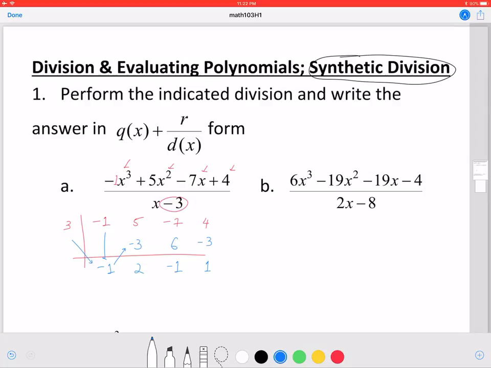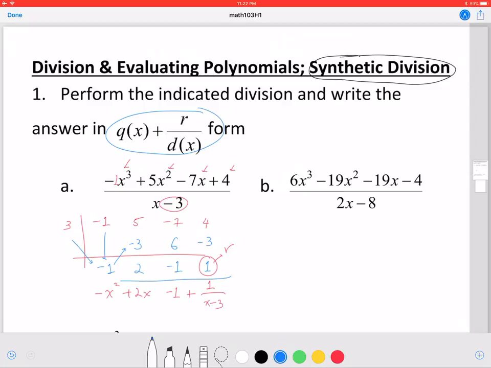The very bottom row, -1, 2, -1, and 1, holds the coefficients of our quotient and the remainder. The last one here is your R. So our answer is -x squared plus 2x minus 1, and the last one is written as +1 over our divisor, x minus 3.